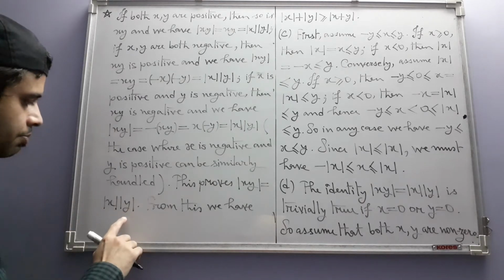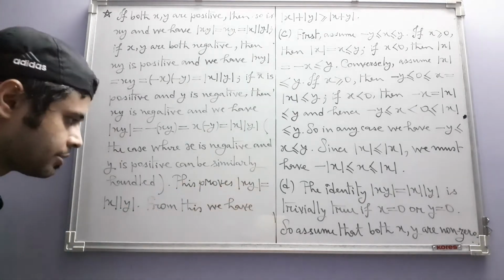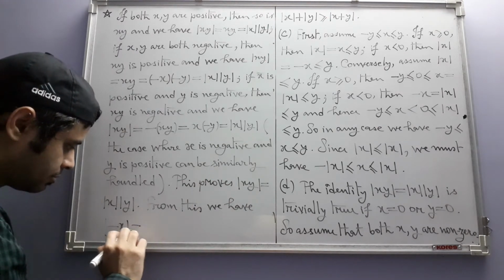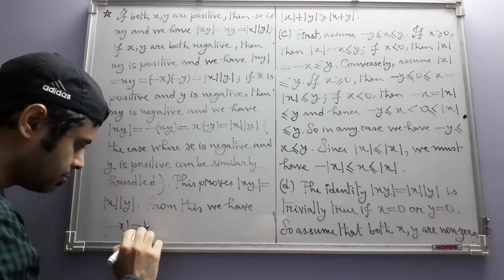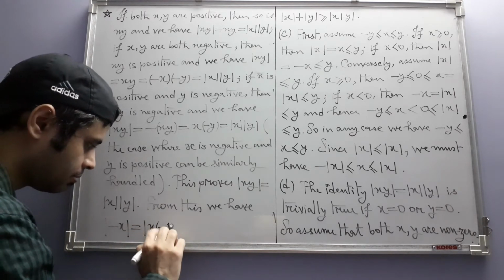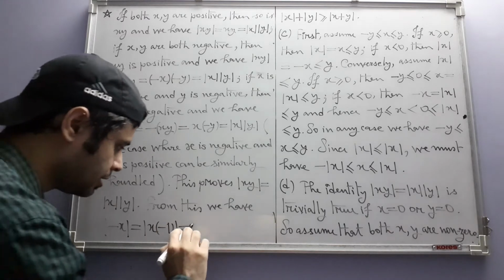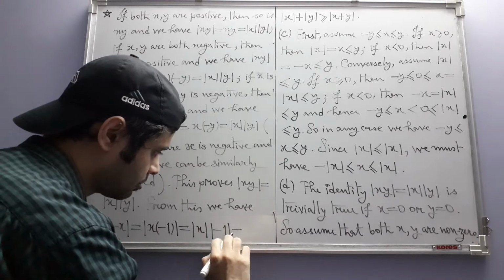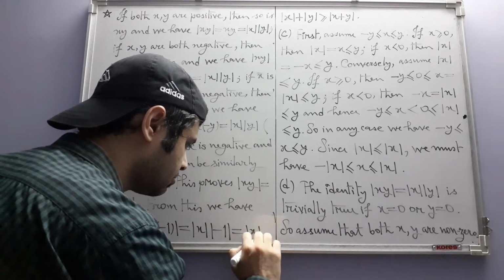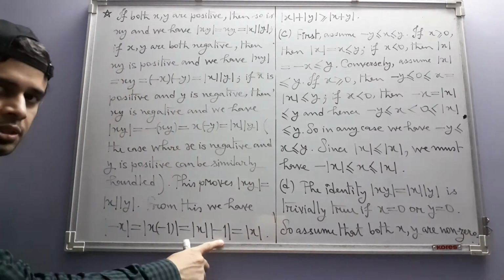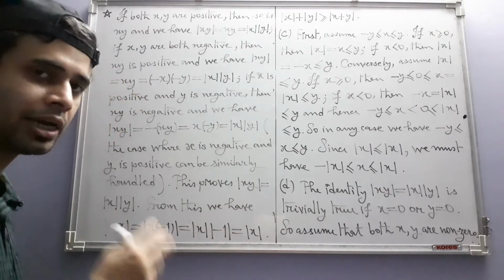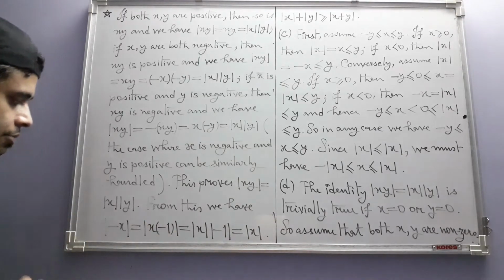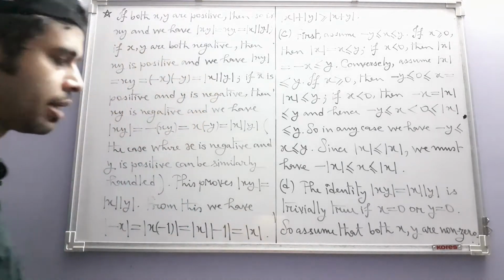So that can be obtained by taking y equal to minus 1. Absolute value of minus x equals x times minus 1. So from our identity we get this, which is equal to x. So you just apply the definition here. This absolute value will be minus of minus 1, which is 1. So we are left with absolute value of x. So this completes part D.